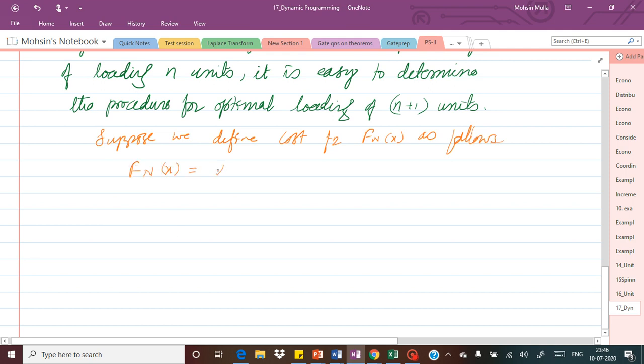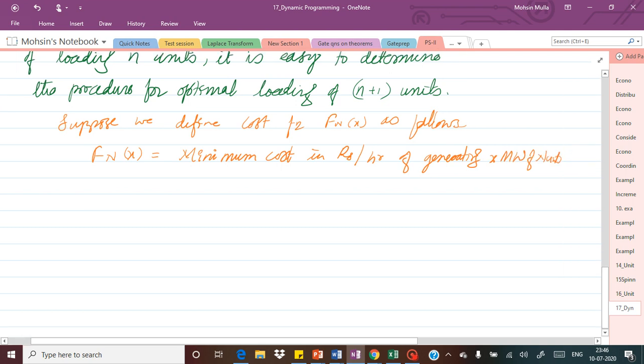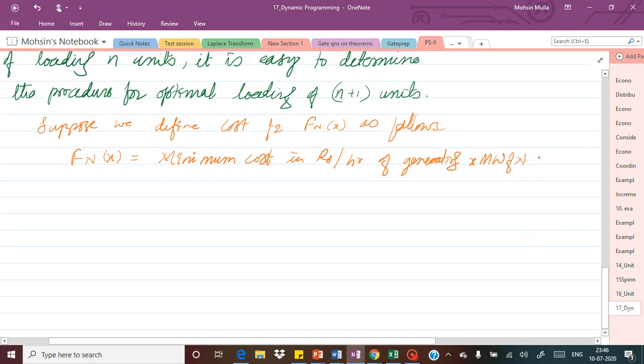Fn(x) equals the minimum cost in rupees per hour of generating x megawatt by n units. So generating x megawatt by n units, that is the minimum cost function.